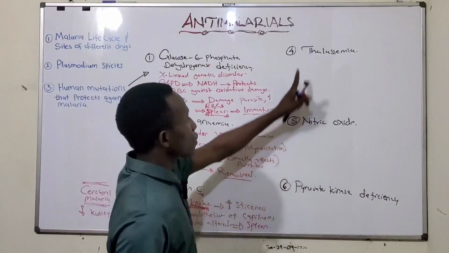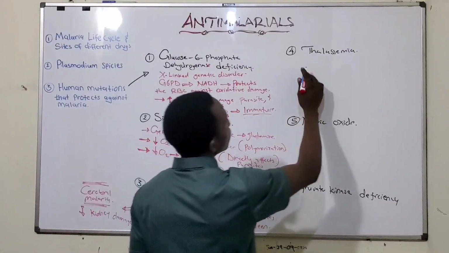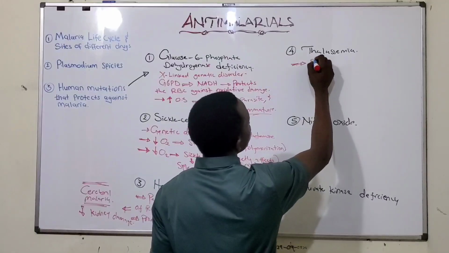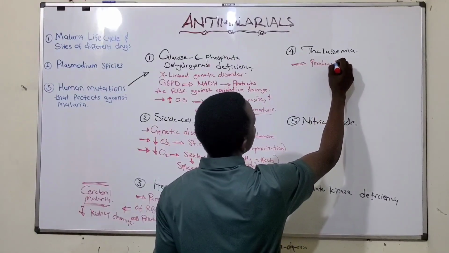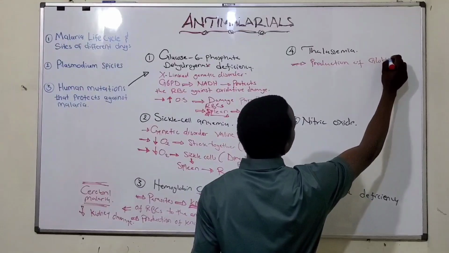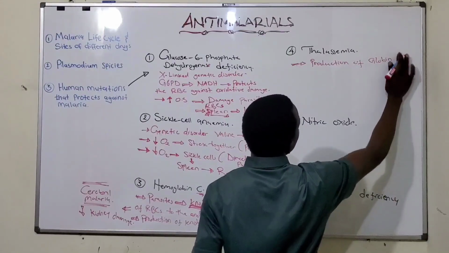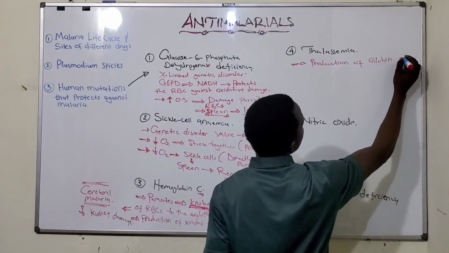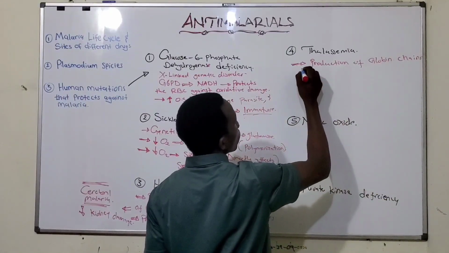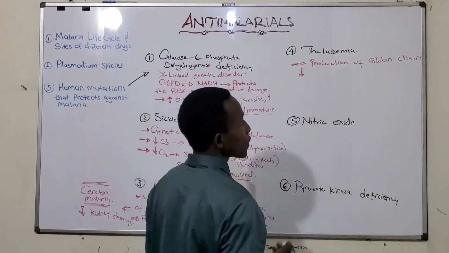Now, when it comes to thalassemia, this is where the production of the globin chains is low or sometimes not even there.